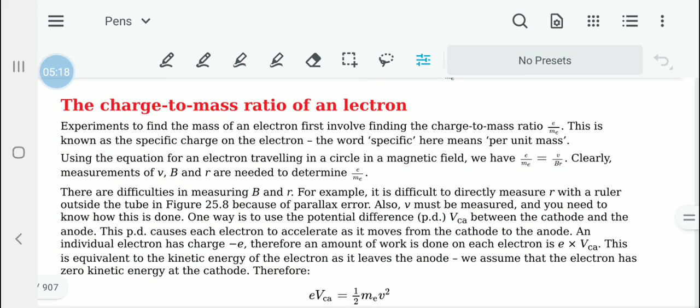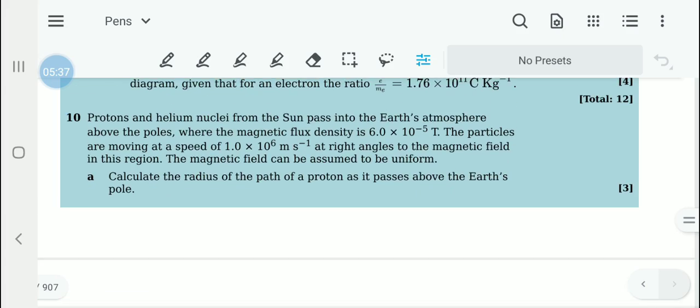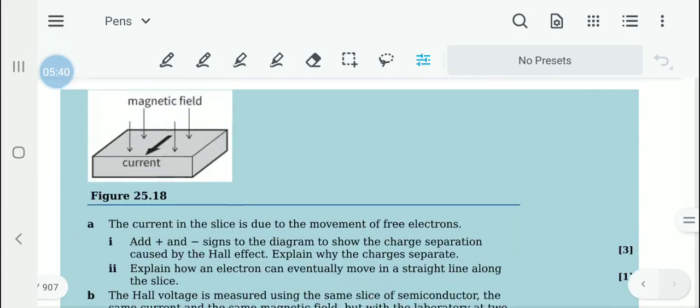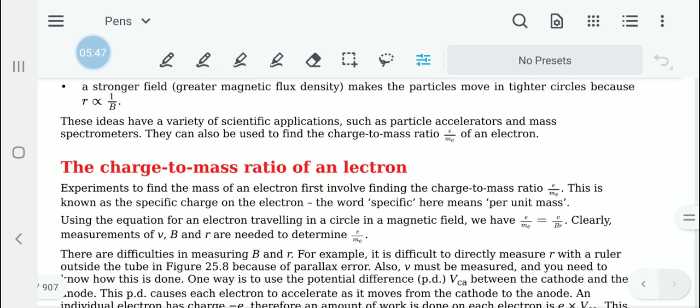the worked example, let's write down a note. The charge to mass ratio of an electron, e upon me, can be defined as the specific charge on an electron, per unit mass.